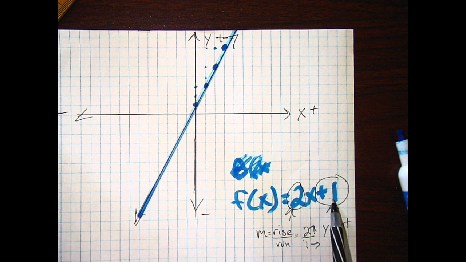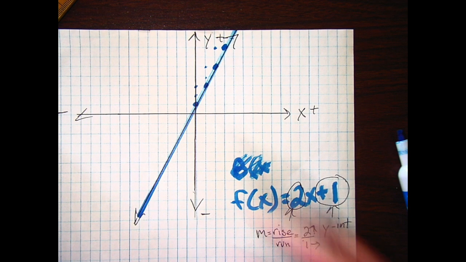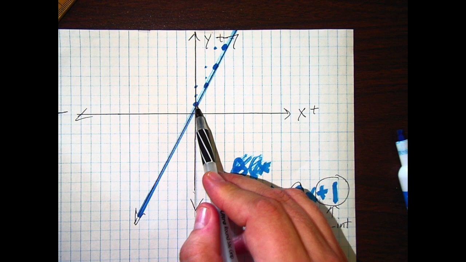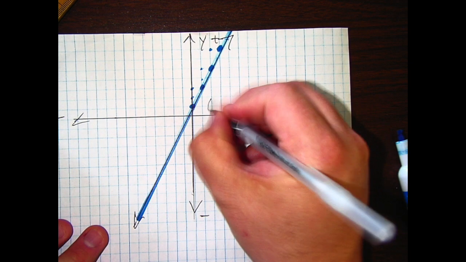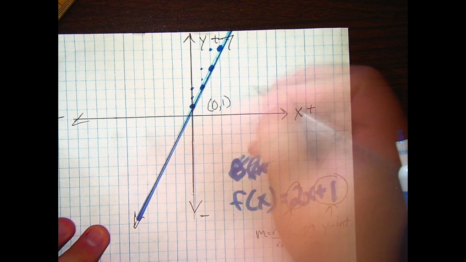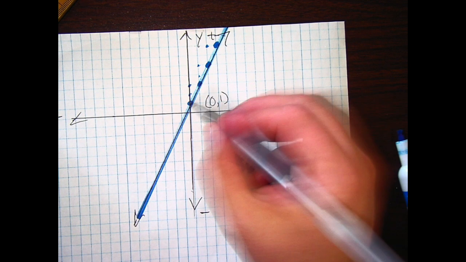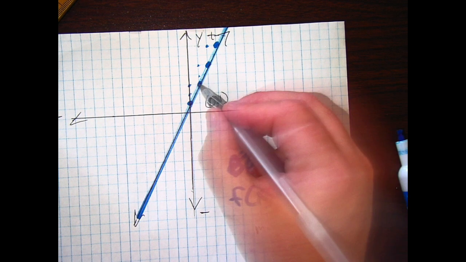You have the y-intercept is 1, which means we're going to have a point crossing the y-axis at y equals 1, or that occurs at 0, comma, positive 1. Then from there, we're going to go up 1, 2, and then over 1. Why?